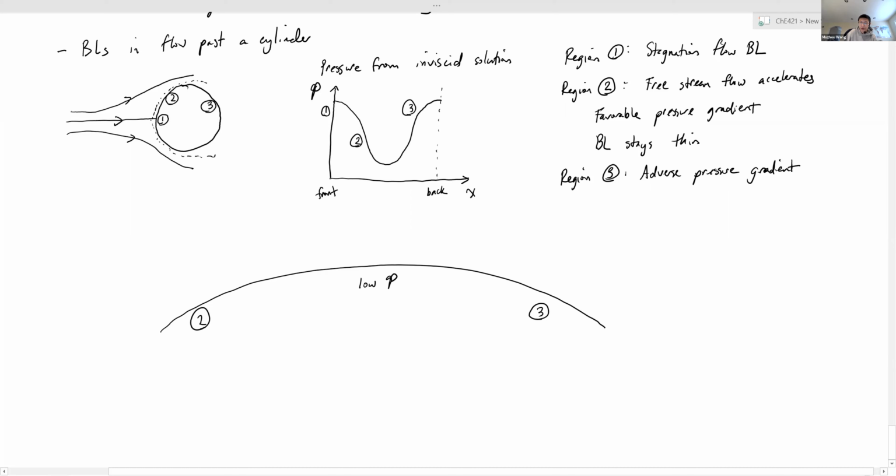This was the lowest pressure. This corresponds to this point right here. And according to the inviscid flow solutions, we have high pressure on the two sides, right? And so if we have a boundary layer that looks like, let's say something like this, we would expect that the boundary layer should get thinner up here, okay? And we could maybe imagine what the flows would actually look like.